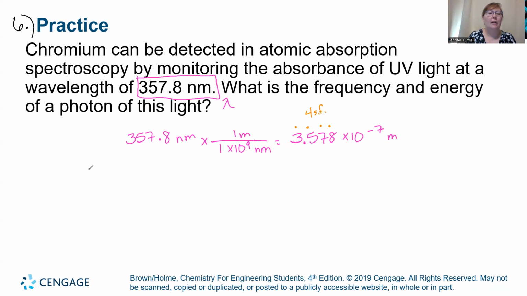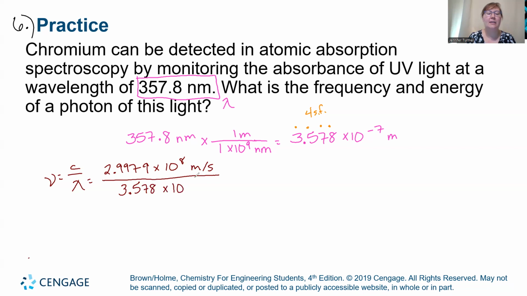Now first it asks, what is the frequency of this light? We'll be using nu is equal to c over lambda. We have 2.9979 times 10 to the 8th meters per second divided by our lambda value, 3.578 times 10 to the negative 7th meters.